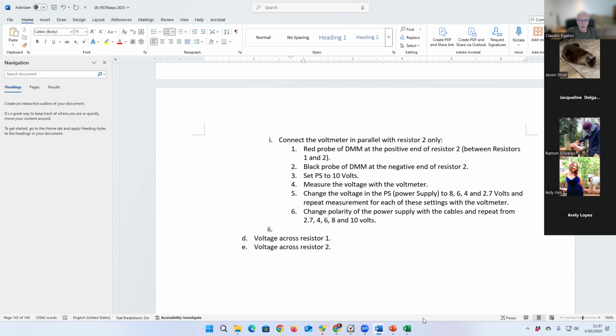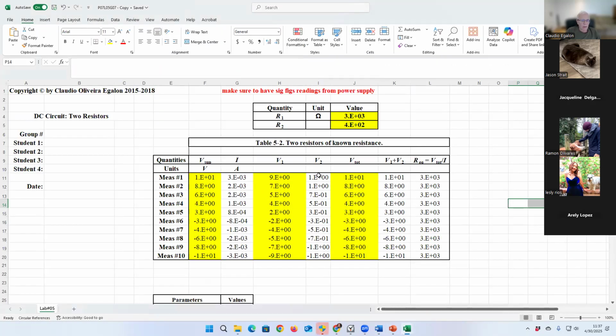Okay. Change polarity of the power supply, right? With the cable and repeat. And then what we get? We get this other column of measurements, V2. Okay.